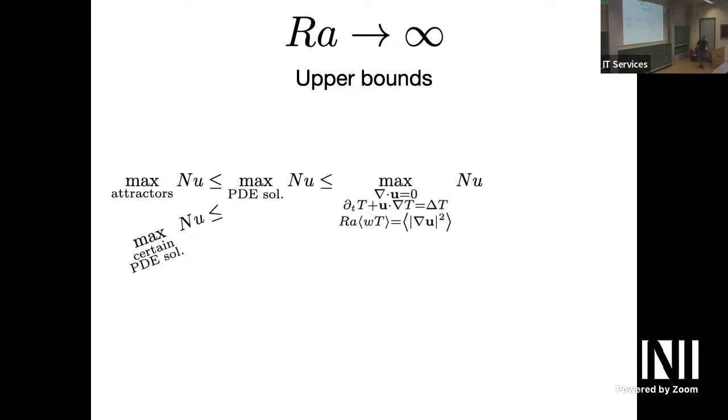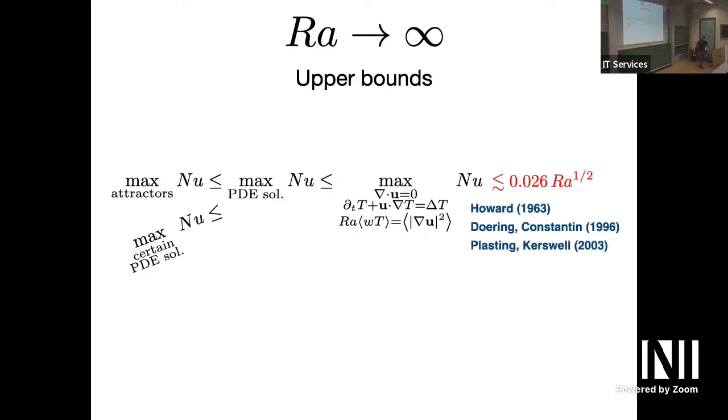What people have done is you drop the Navier-Stokes equations, except you retain this one integral balance from it, which says that the vertical convective heat transport is related, after time and space average, to the viscous dissipation. And if you then consider just the advection diffusion equation subject to a certain budget of viscous dissipation, you could actually relax the maximization a bit further and get a tractable upper bound that scales like Rayleigh to the 1/2.